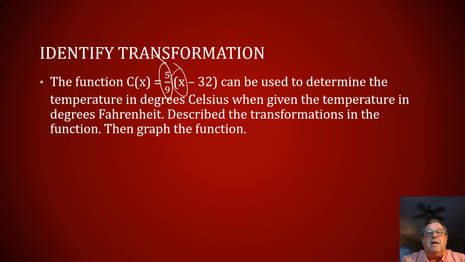You've got that negative, because when I distribute this 5/9 times x minus 32, I'm going to end up with 5/9 x minus 5 times 32. 5 times 30 is 50, and 5 times 2 is 10, so that's 160 divided by 9. 9 will go into 16 one time, with about 7 left over.